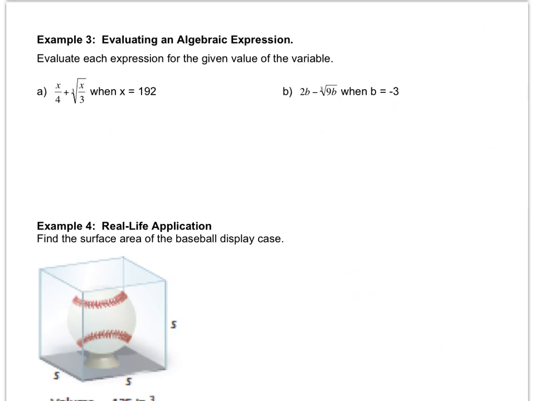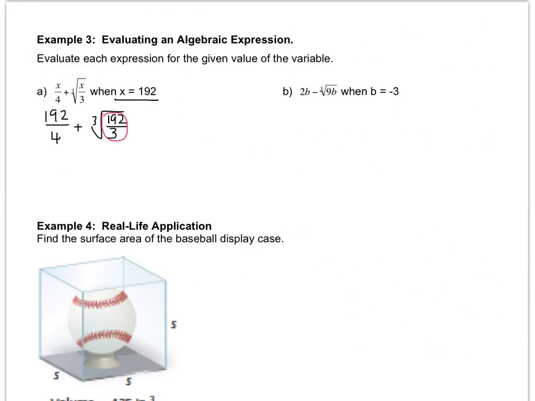In these examples, we're going to be doing the same thing that we did in example 2, only first we have to plug in the number. So I'll plug in 192. And now I have to follow order of operations. So the first thing that I'll end up doing is the radical. And in order to do the radical, I have to simplify this fraction underneath.